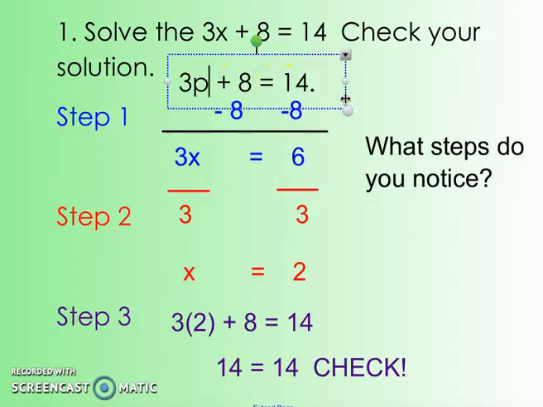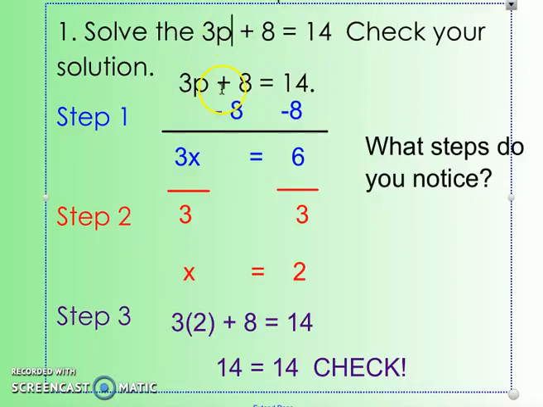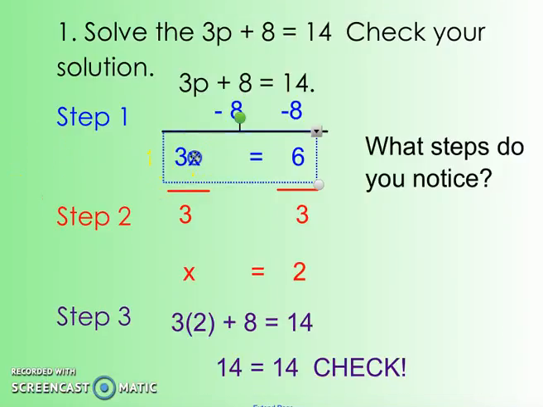But 3 times some number plus 8 is equal to 14. What we did first was try to figure out how much all 3 of them were worth together. And all 3 of them is equal to 6.